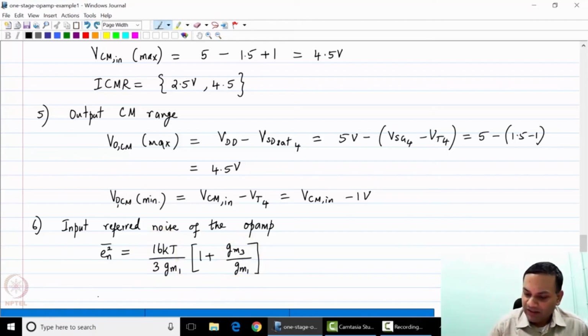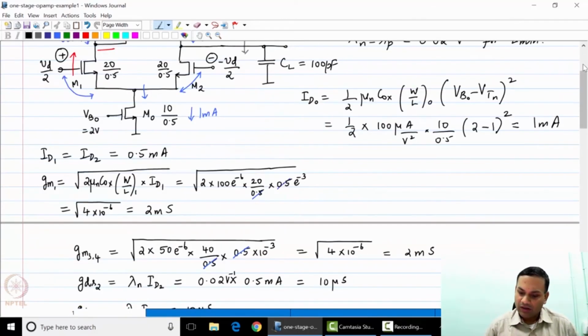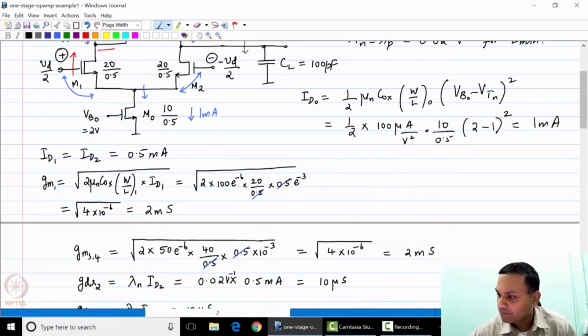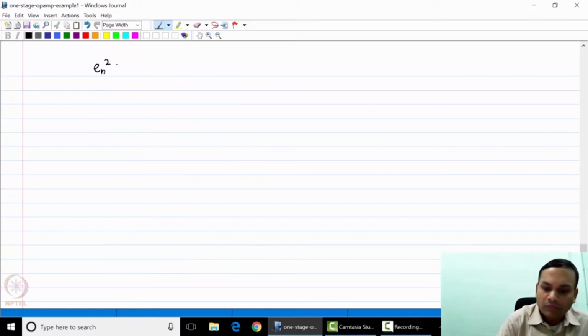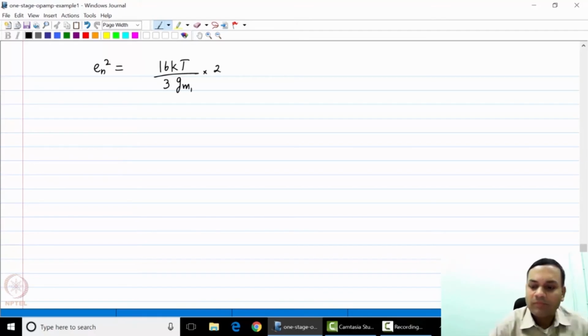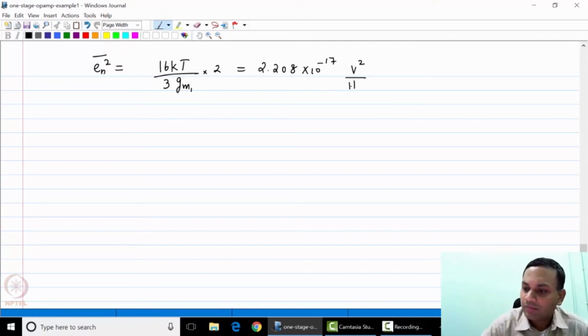As we have seen, since GM3 is equal to GM1, which is equal to 2 millisiemens, therefore En squared is 16 kT by 3 GM1 into 2, and this happens to be equal to 2.208 into 10 power minus 17 volt square per hertz.